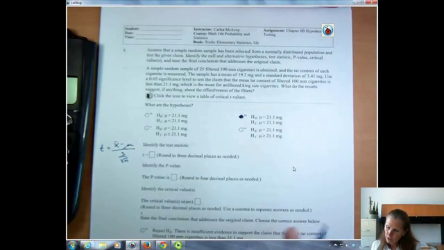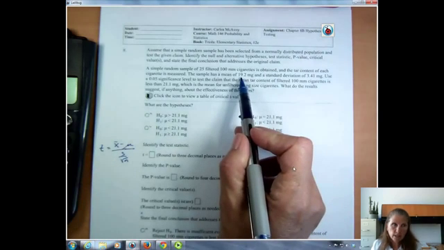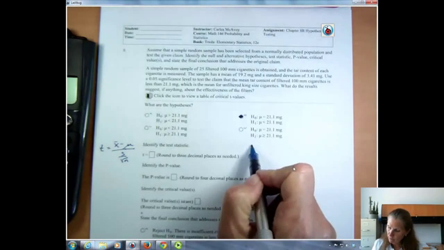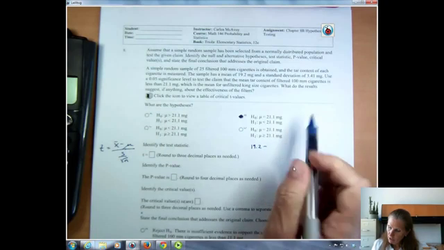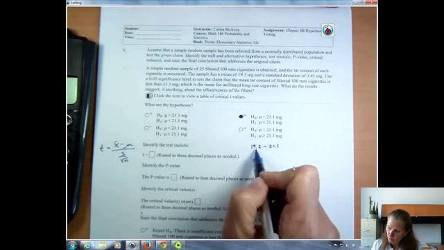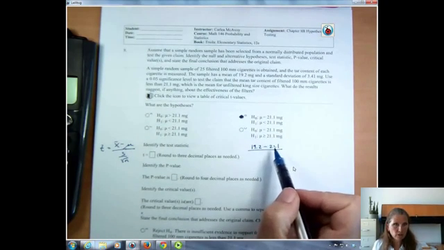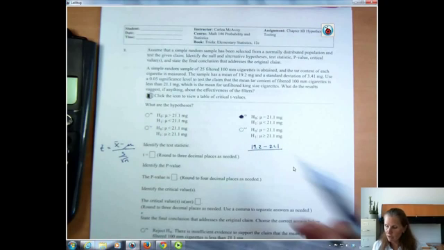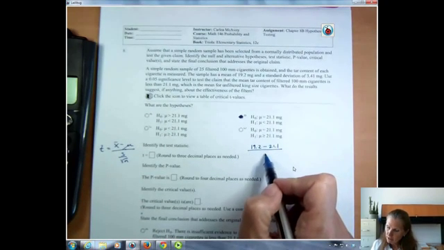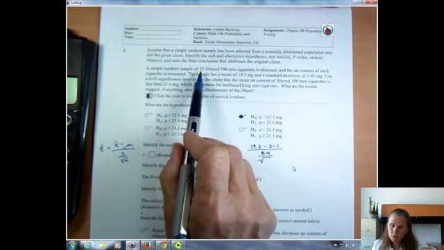So the sample mean is 19.2. That's what x bar means. And the mu is the 21.1. Notice we're going to have a negative test statistic, because we have a smaller number minus a larger number. And then s, standard deviation, is 3.41 over the square root of the n, and a random sample of 25.